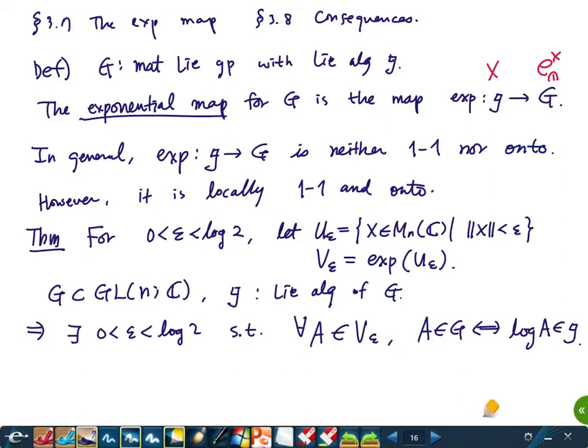This is the theorem. The proof is rather long, so I'll skip it, but if you are interested, you can always read the textbook.